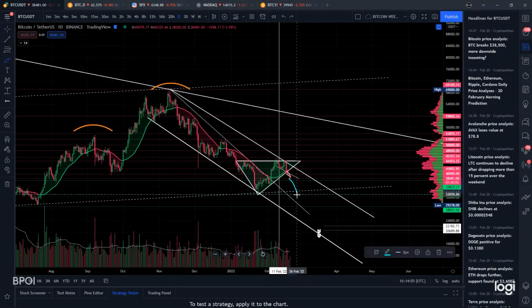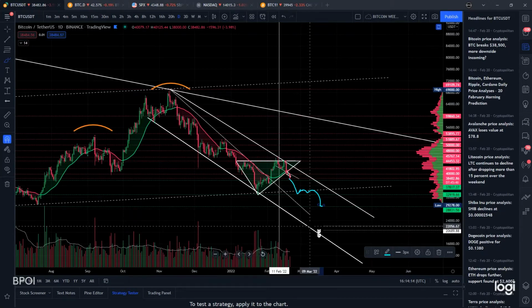If we get just a dull bounce, a dead cat bounce as they call it, and it starts to roll over, then I think we'll see 28,831 or the 28,000 area.